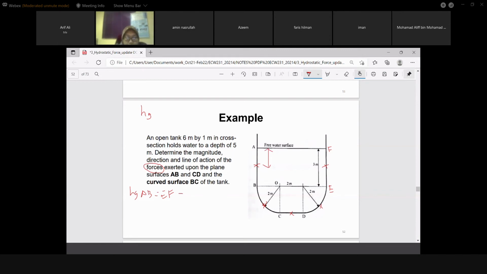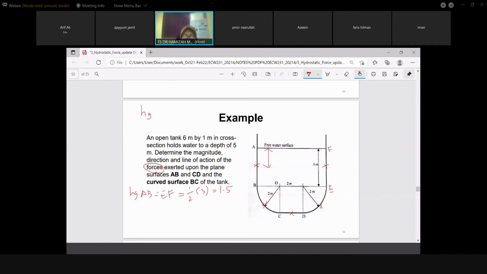What is the value? Half of 3. 3 bahagi 2 berapa? 1.5. Thank you, Najmi. So, finish for Hg for AB and EF.